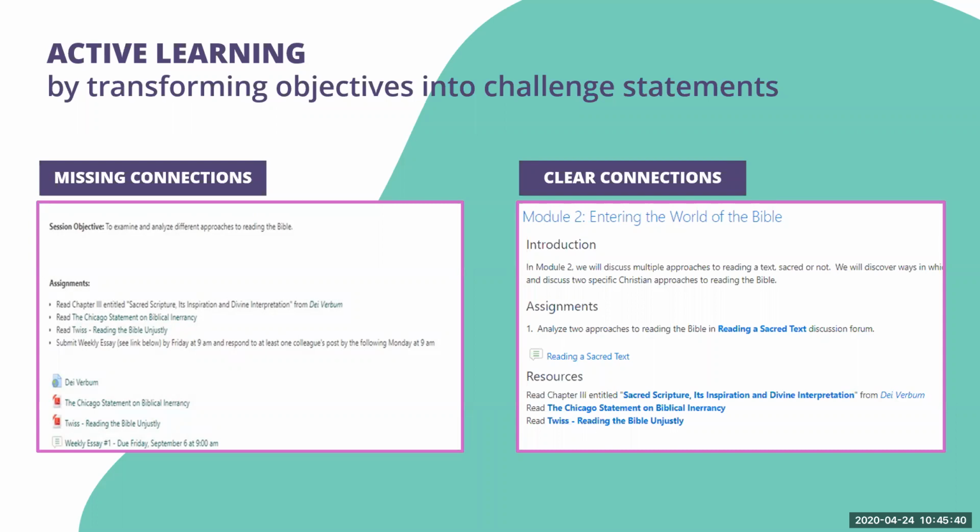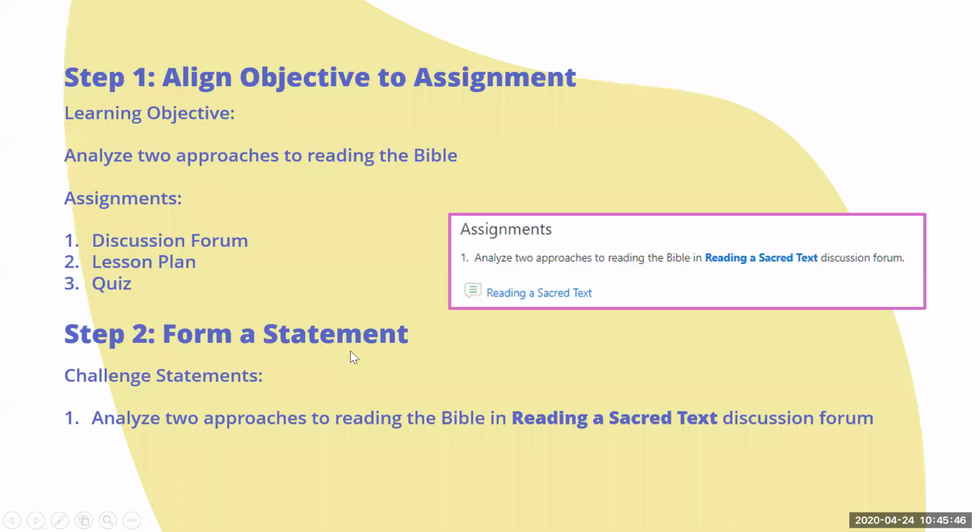Thank you. So moving forward, how can we create a challenge statement? So first, you want to identify your measurable learning objectives and align each objective to an assignment or activity. In your course, you might have a list of activities and assignments such as these: forums, lesson plans, quizzes. After discussing the purpose of each assignment, determine your appropriate learning objective.